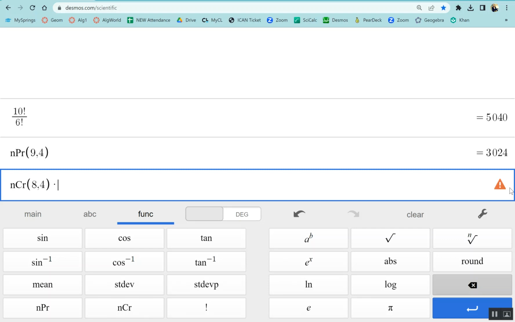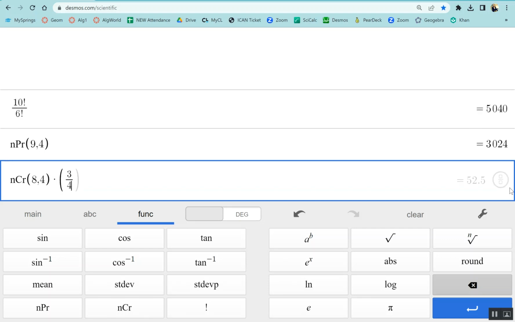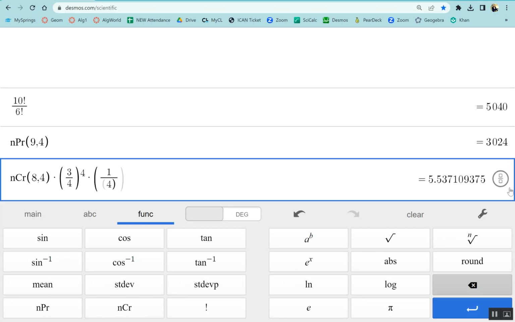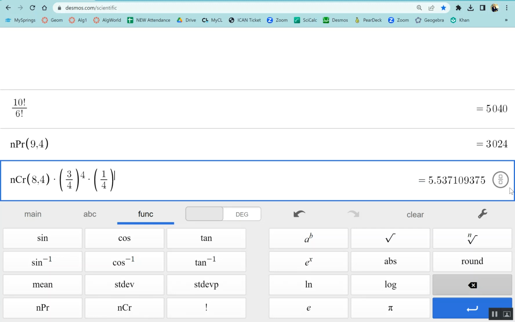And now I'm going to multiply times 3/4 to the power 4, and 1/4 to the power of 4. I'm doing this by calculator, not by hand. Okay, so this is a probability. It should be a number less than 1. If you don't get a number less than 1, something happened.